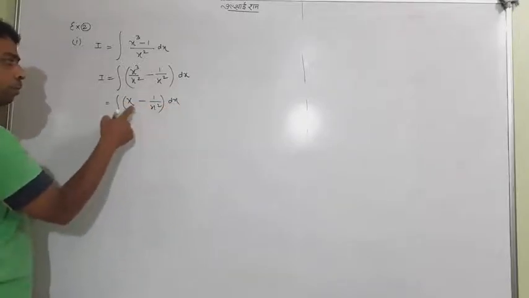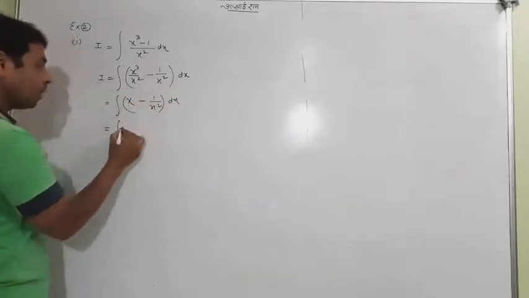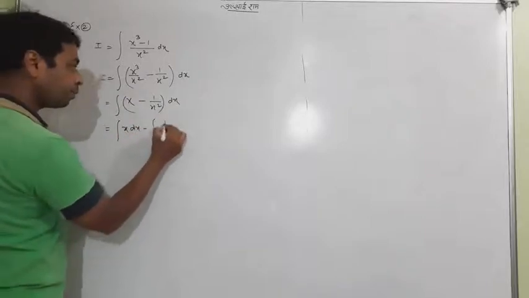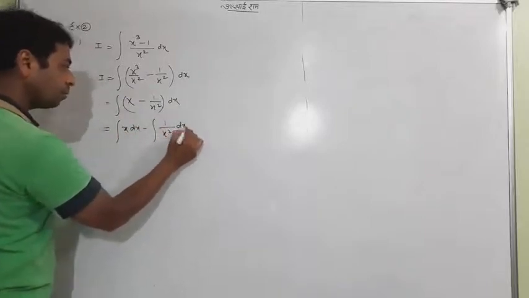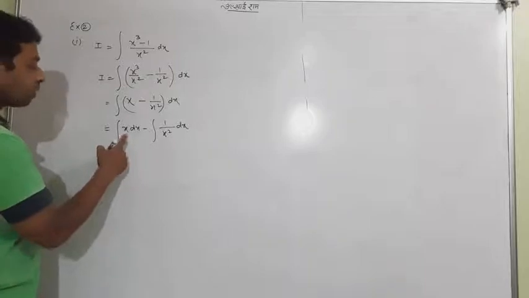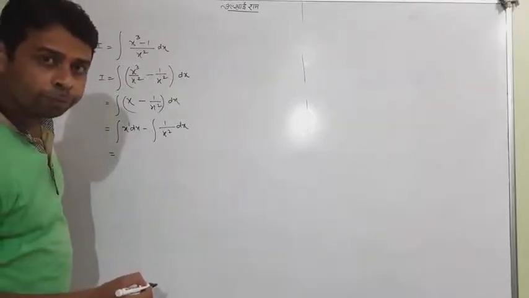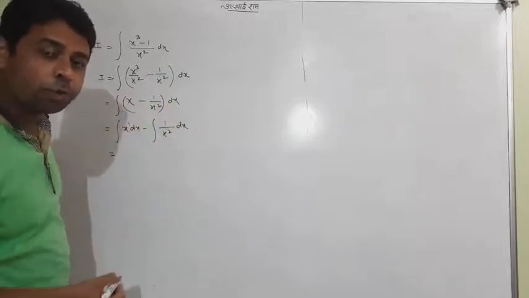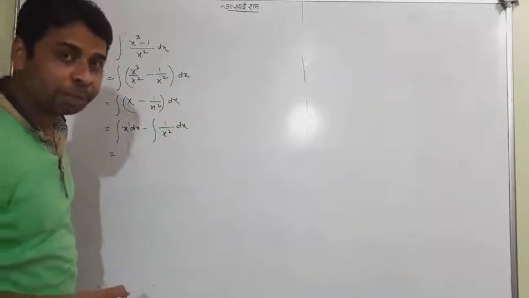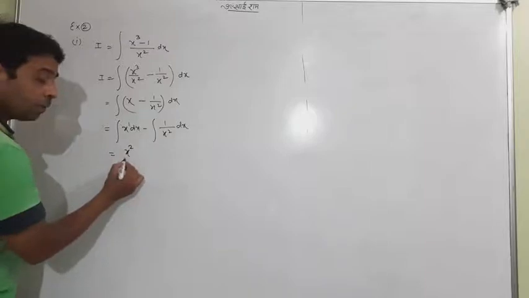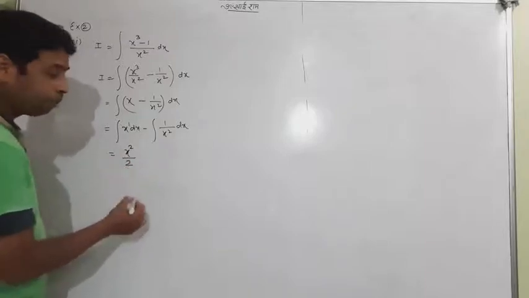Now definitely there is a minus, so it will separate in two parts like that. And what is the integration of x? Actually x to the power 1, so we use the power form, x to the power n. So what is the formula? x to the power n plus 1 upon the same. So 1 will add in the power, and the same will come upon.